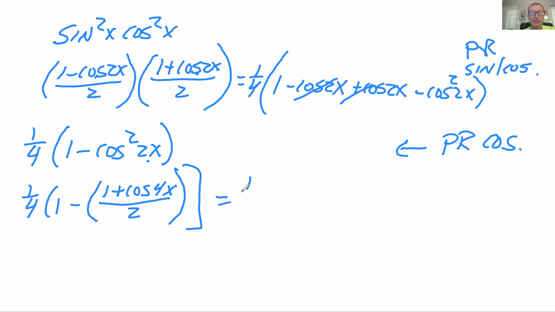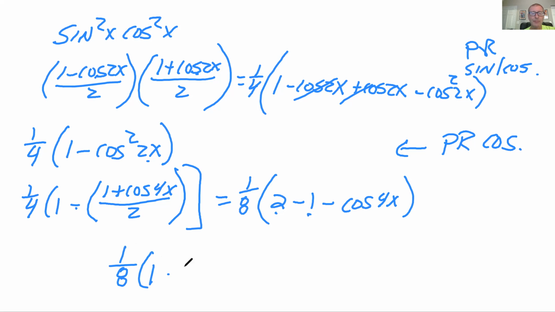And so when you do that, you have 1/8. And then remember, this 1 will turn into a 2, so that'll be 2. And then you have minus 1 minus cosine of 4x. So what I did here is distribute the minus through. As you can see, 2 minus 1 is 1. So to simplify it a little bit more, you would have 1 minus cosine of 4x.